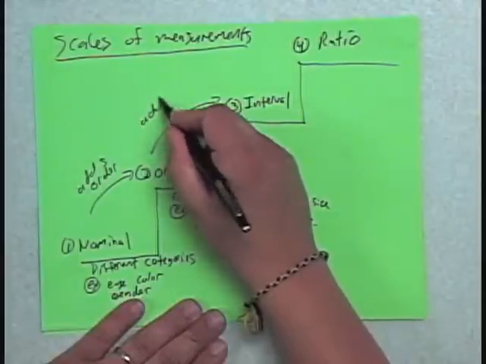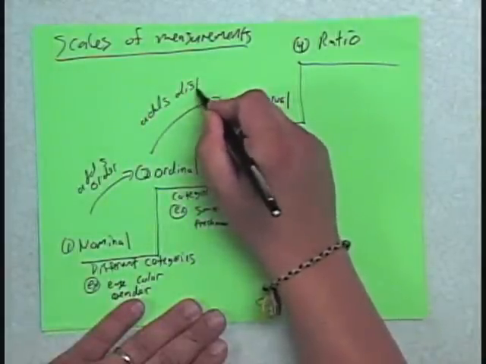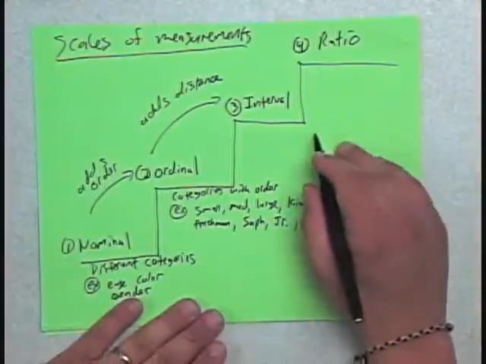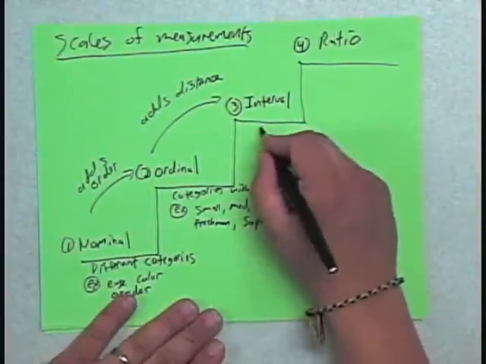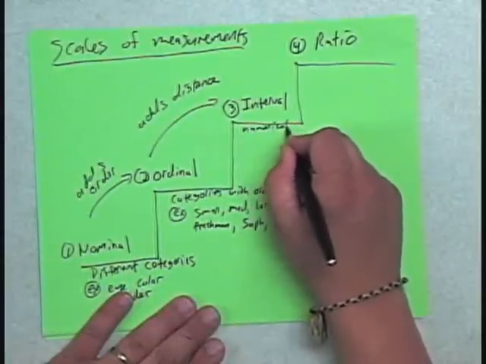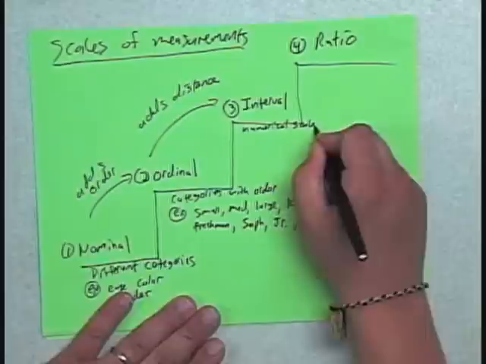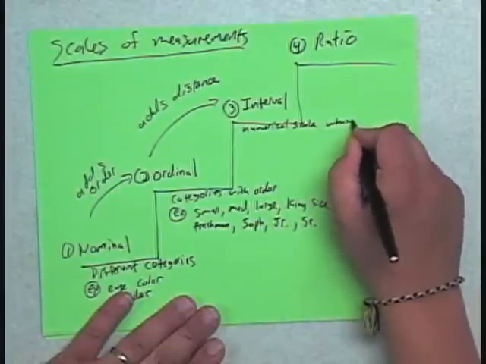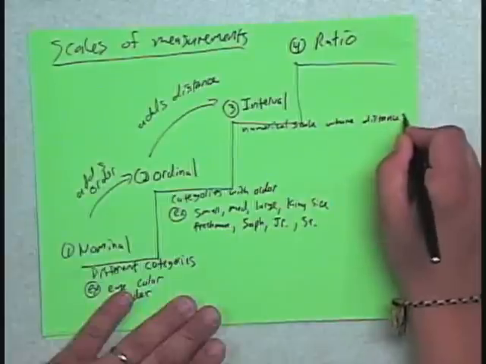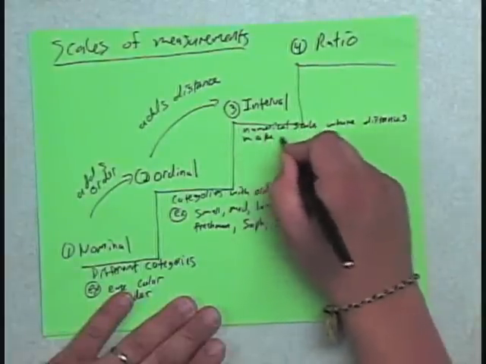It adds distance. And because of that, differences make sense. So an interval scale is a numerical scale where distances make sense.